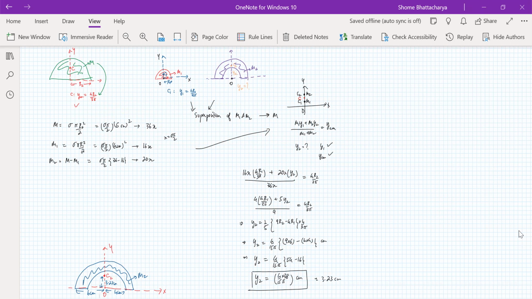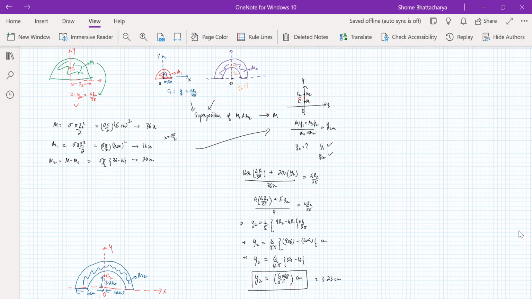Now, you can replace M1 with a particle of its mass, at the position of its center of mass, Y1. And similarly, you can replace that thick ring kind of thing, M2, with another particle of mass M2 at Y2. So the equivalent system is reduced to two particles, M1 at Y1 and M2 at Y2.